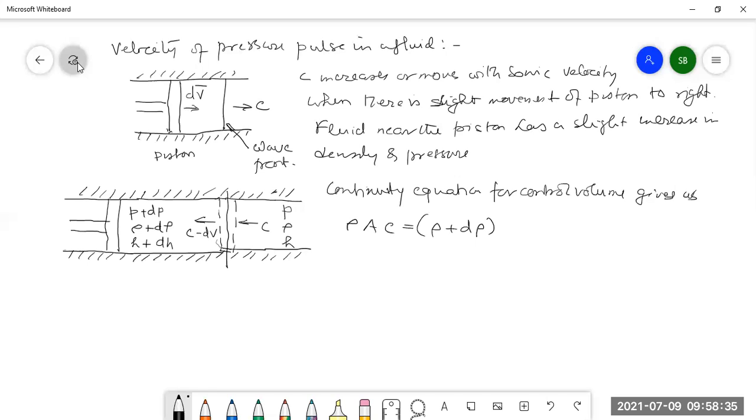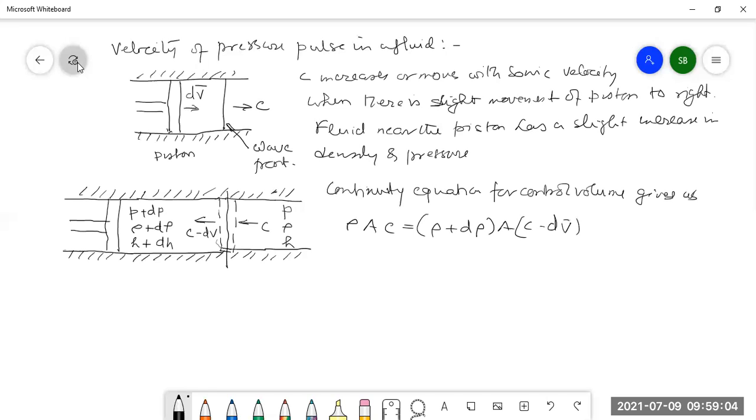Area doesn't change, it remains the same. Here the initial density, area and sonic velocity changed to rho plus d rho; density increases, area remains the same, and speed reduces to maintain the continuity of the equation itself.